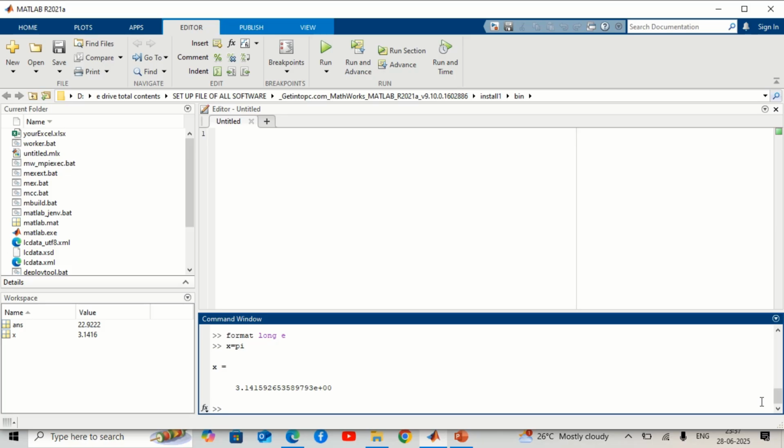So this is the format long e value. This is the exponential value with 16 decimal places, and in the previous command we saw format short e, that means the exponential short value. Okay, so these all are the format commands we use in MATLAB software.